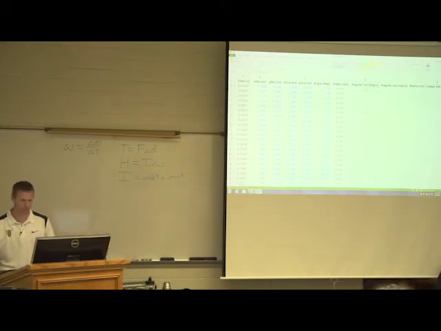So an approach that I prefer for this is start in row 3, the second frame of data, and in parentheses we do the difference in the positions, but we go the frame ahead minus the frame behind, and then divide that by 1/30th of a second, 2 times the change in time.